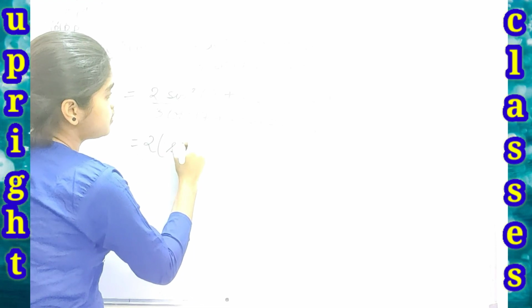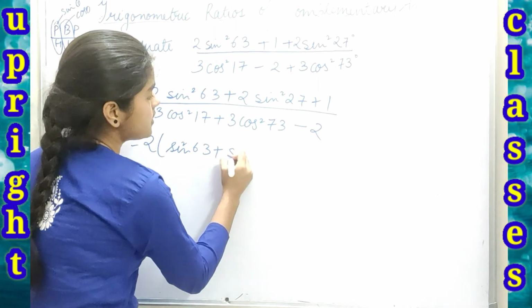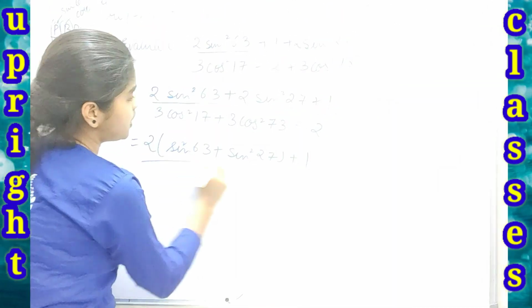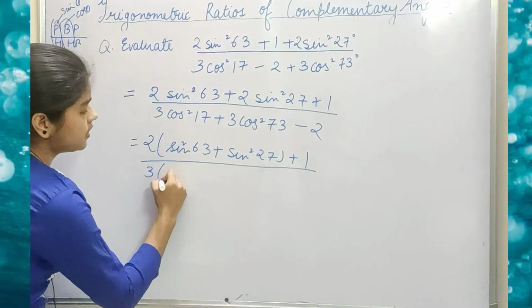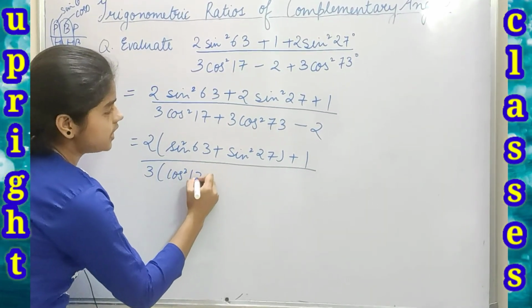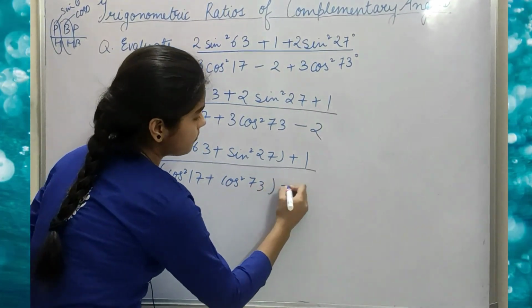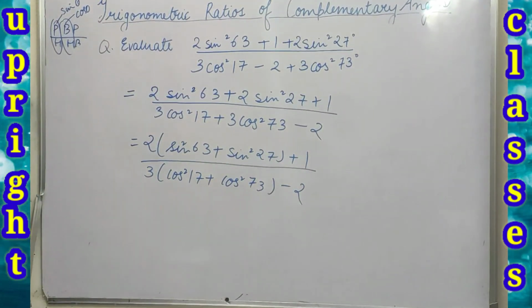Now taking 2 common: 2 times (sin square 63 plus sin square 27) plus 1, upon 3 times (cos square 17 plus cos square 73) minus 2.